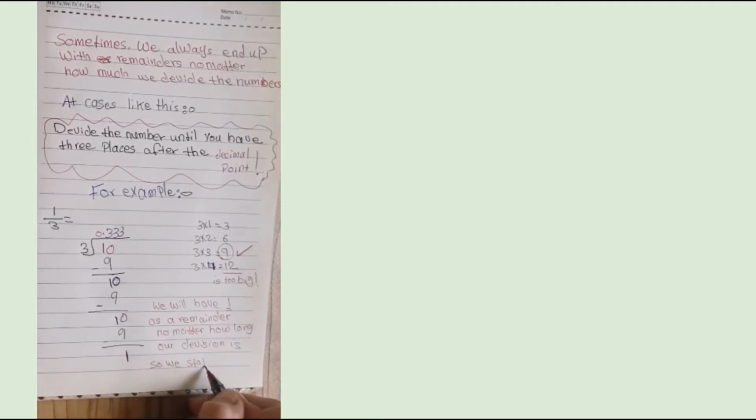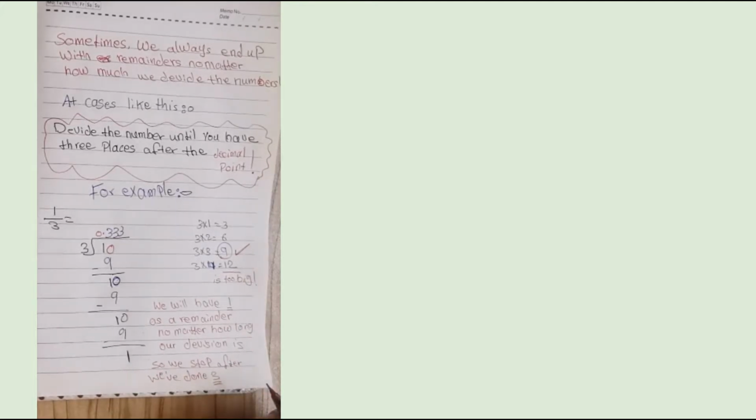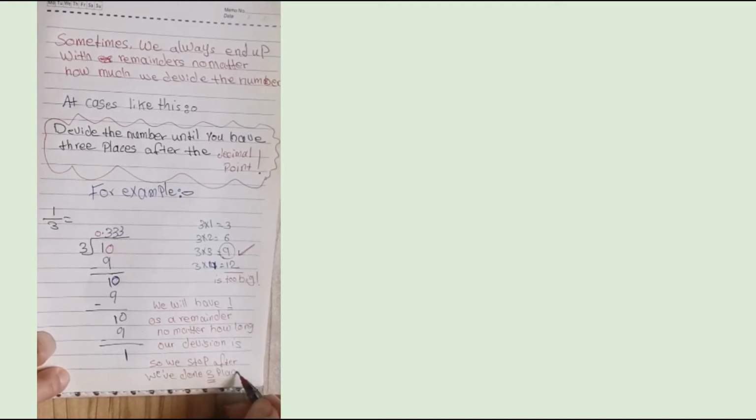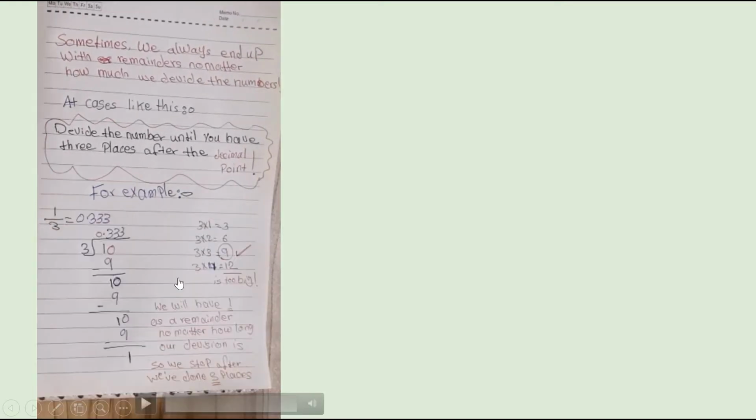Since we have 3 places after the decimal point, we will just stop right here. Please remember to always divide 3 times until you have 3 places after the decimal point and then leave it.